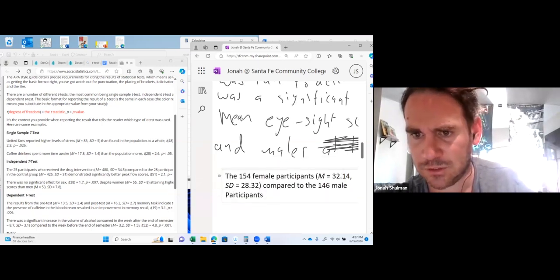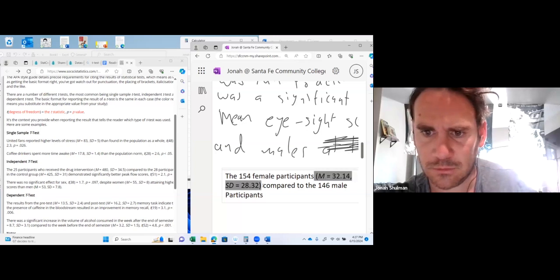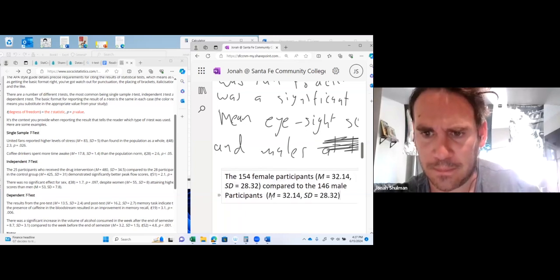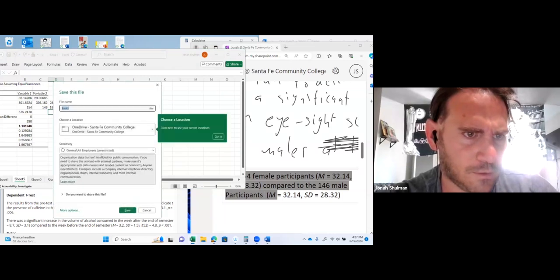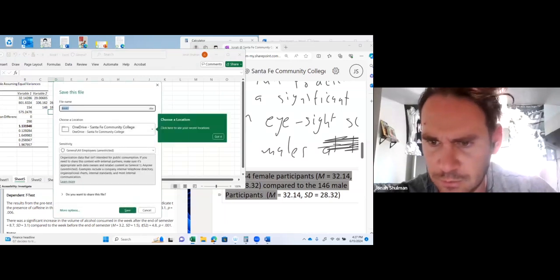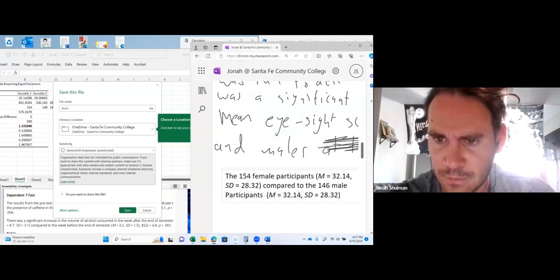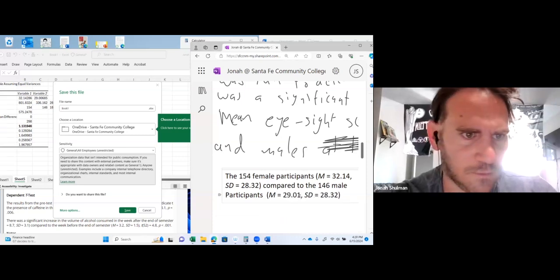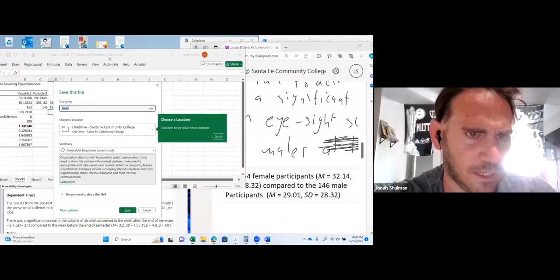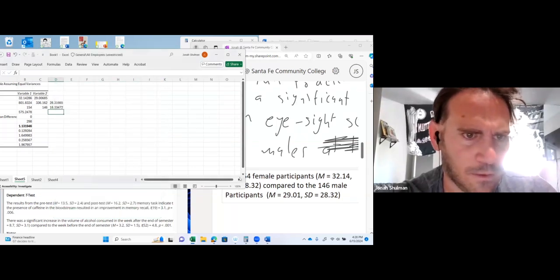So once I do it once, I just copy and paste it. So there's 29.01. Standard deviation is 18.33.